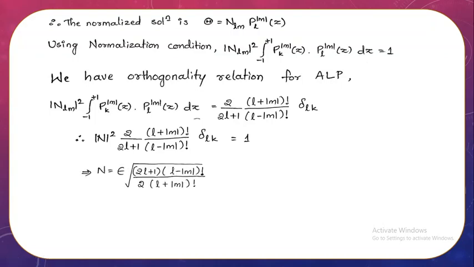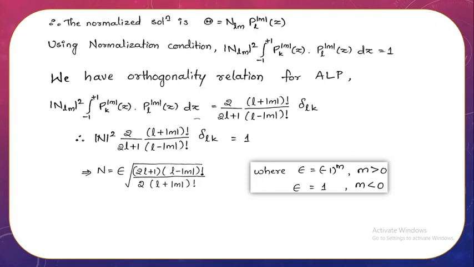And when you rearrange it, we find that N equals epsilon into the square root of 2l plus 1 into l minus mod m factorial divided by 2 into l plus mod m factorial. We need to define this epsilon: if m is greater than 0, that is m is positive, then epsilon is -1 raised to m, and if m is less than 0, then epsilon will be equal to 1.